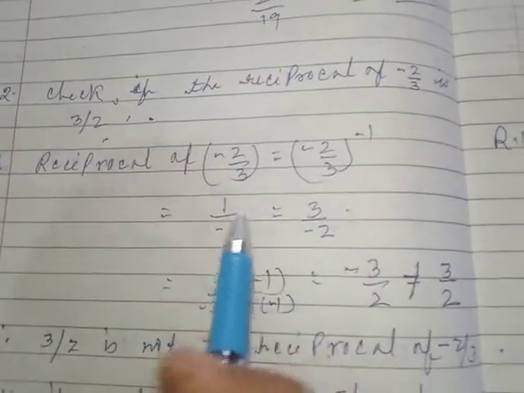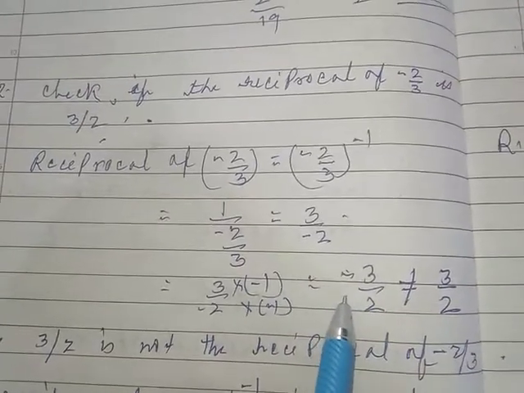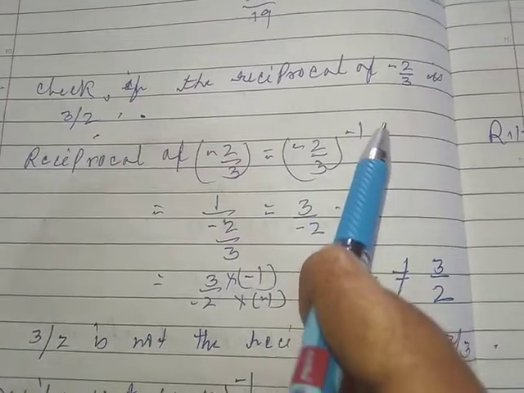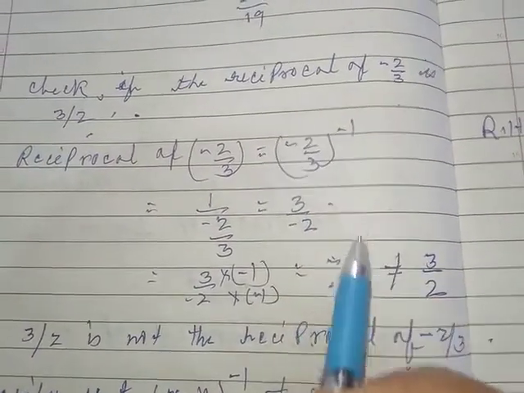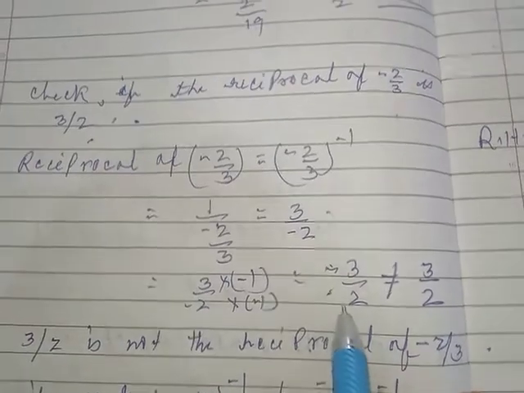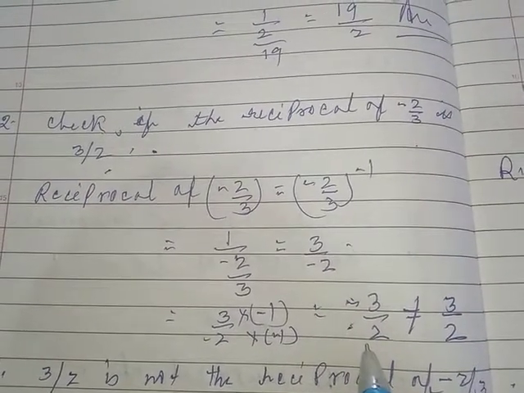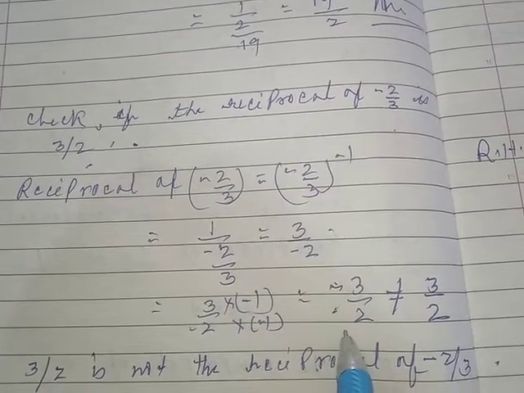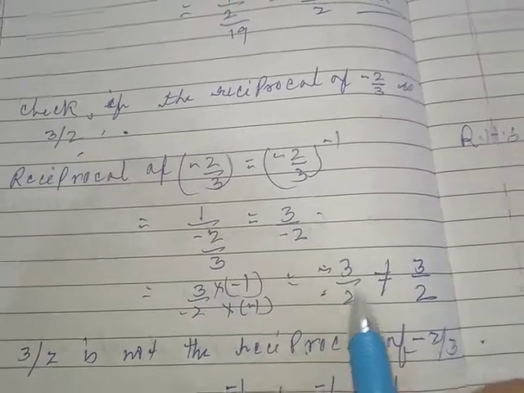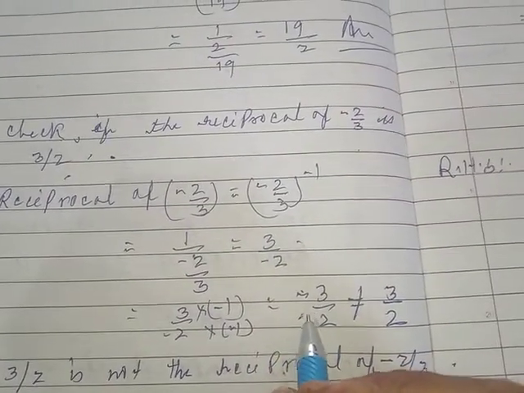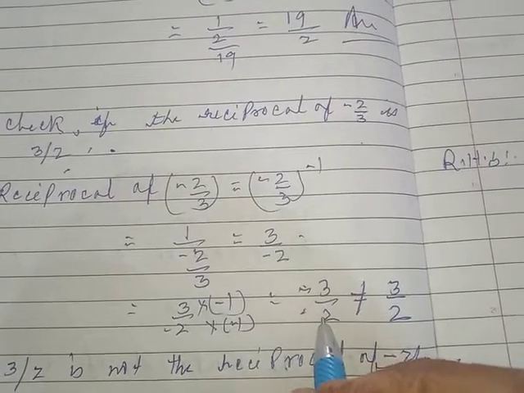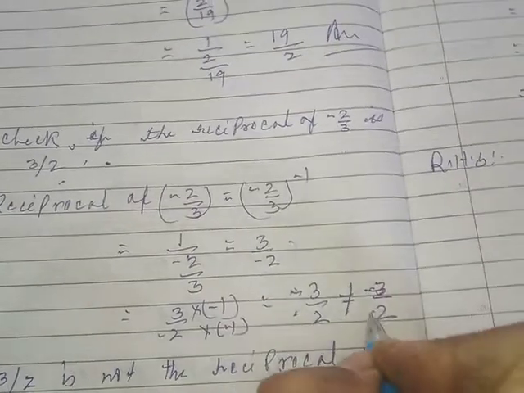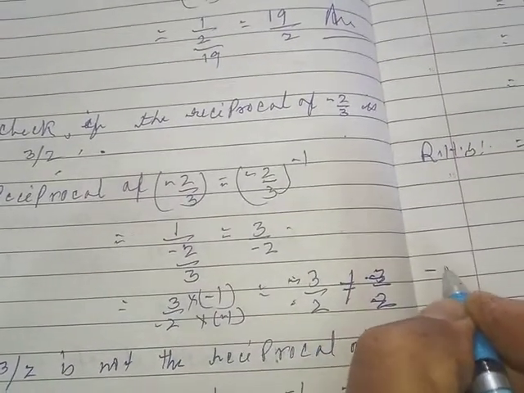Now what do you see? The reciprocal of the given number is minus 3 by 2. The given number is minus 2 by 3. Sorry, it is by mistake.